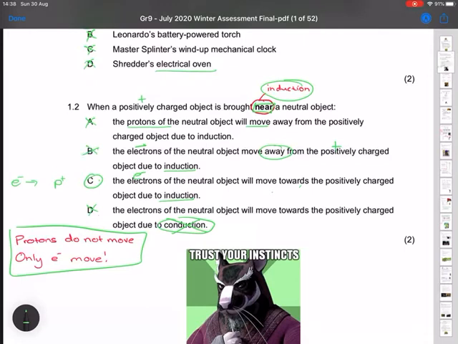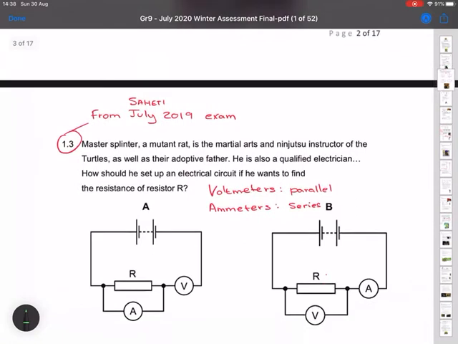So that was testing a few things: whether you knew about induction, how charge was transferred, versus conduction and friction. It was also testing whether you knew that protons remain in one place and it's the electrons that move, and that opposite charges attract and like charges repel. So a few things being tested in that question.